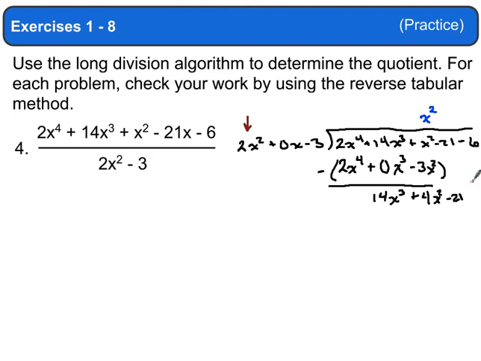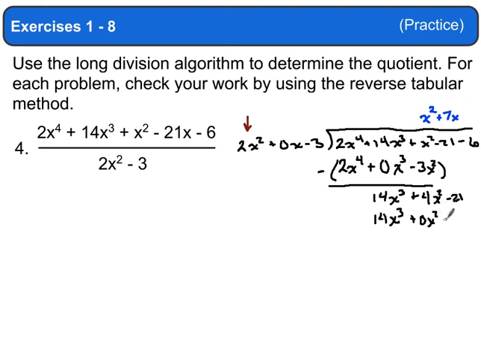And so we'll do this process again, right? We start over. 2x squared goes into 14x to the 3rd. That's going to be 7x. So we put a plus 7x. We do the distributive property, so we get 14x to the 3rd, and we get a 0x squared.